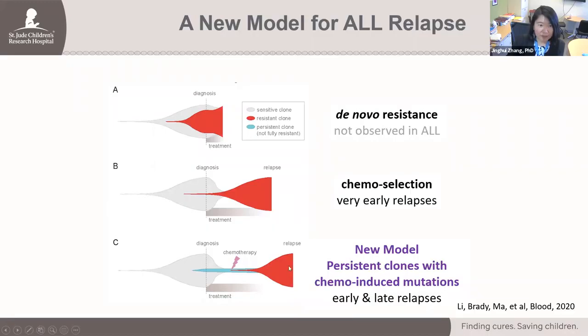So this really suggests there could be a model for monitoring the persistent clone before its acquisition of chemo-resistant mutations, which may determine that some of the chemotherapy needs to be ceased and switched to something else for patients who survived the initial chemotherapy.